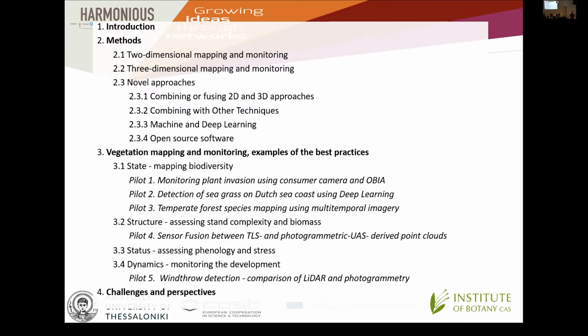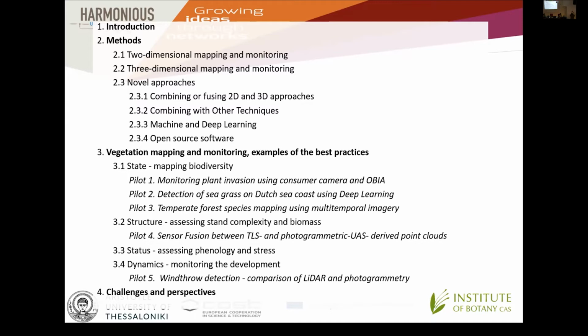That's why we used several pilot studies. For most of the pilots we tried to make available the data, the imagery, or the 3D information related to the pilot, and the script, if possible. So the reader can download the data and try to run the case study himself.